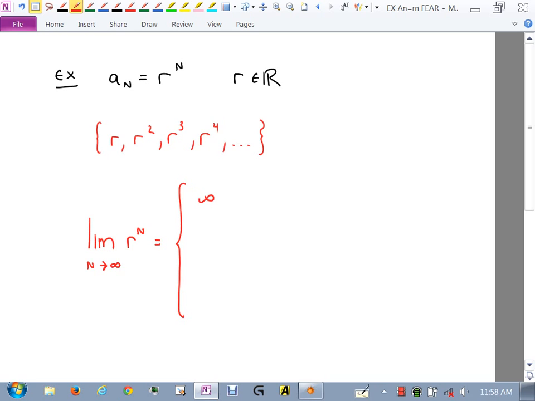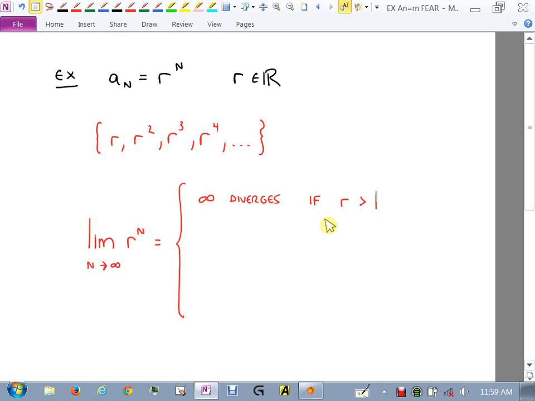It'll go to infinity, or we should say it diverges, if r is greater than, I won't put equal, greater than 1. Now, that was if r is bigger than 1. I think everyone here was agreeing that it would diverge, right?